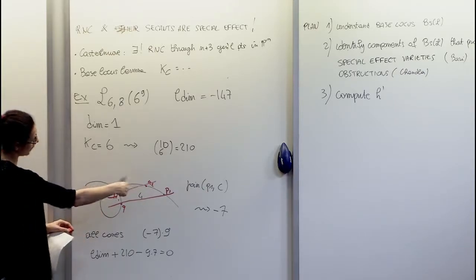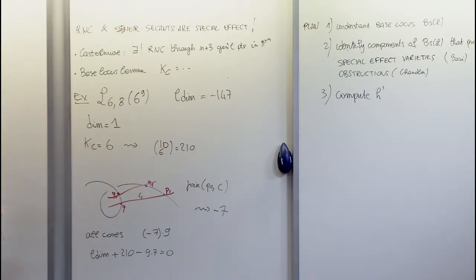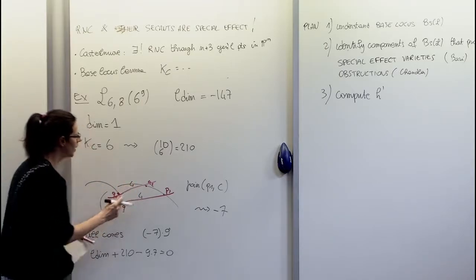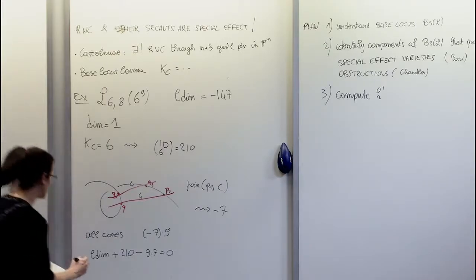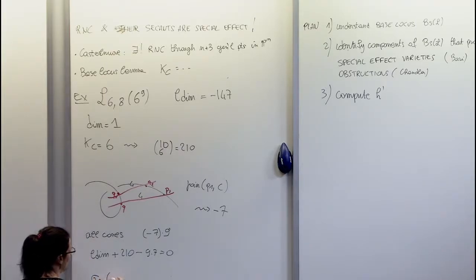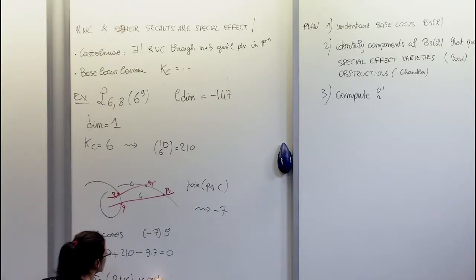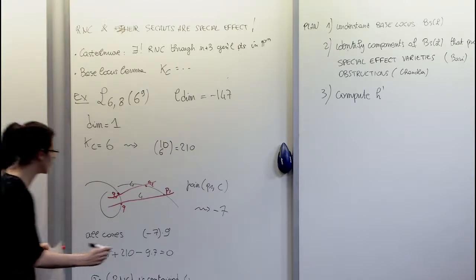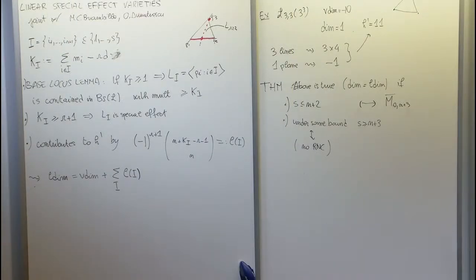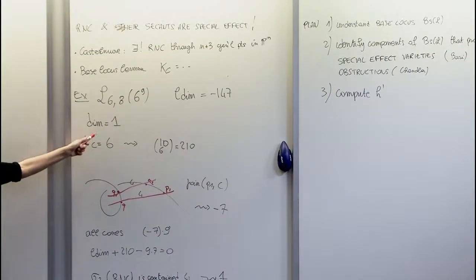So if I take the line connecting them, then it's going to be contained with multiplicity again 4. And if I take the secant, that's the union of all of these lines, and that's a threefold. So now I obtain that the sigma 2 of the rational normal curve is contained with multiplicity 4. So I go back to this formula, I get a plus something that is exactly 1. And this completely explains my problem.